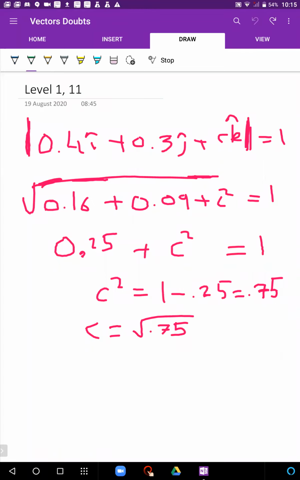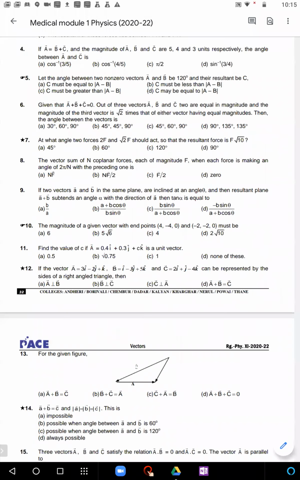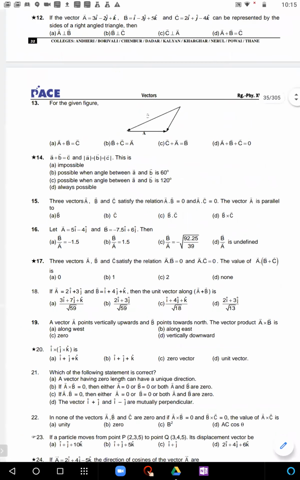Okay. So in the answer is given something else. Let me just see that once more. 0.25 सही है, सी स्क्वायर शुड बी रूट 0.75. क्या दिया है इसके आंसर में? नन ऑफ दीज. ये गलत हो गया फिर.